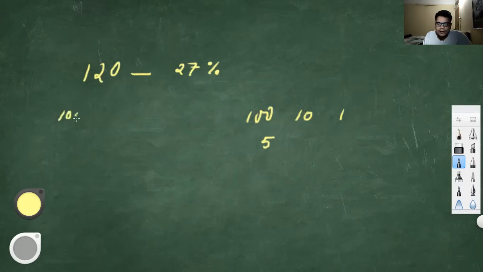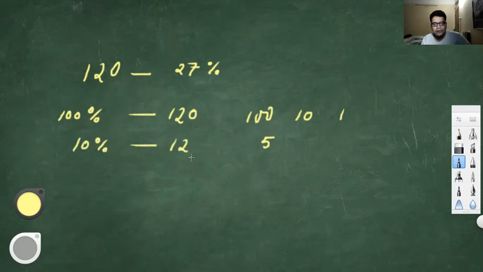So we know that 100% of 120 is 120. So let's consider that 100% is 120, right? So it's very easy for us to find what will be 10%. It's just like the unitary method. 10% will be 12, right?